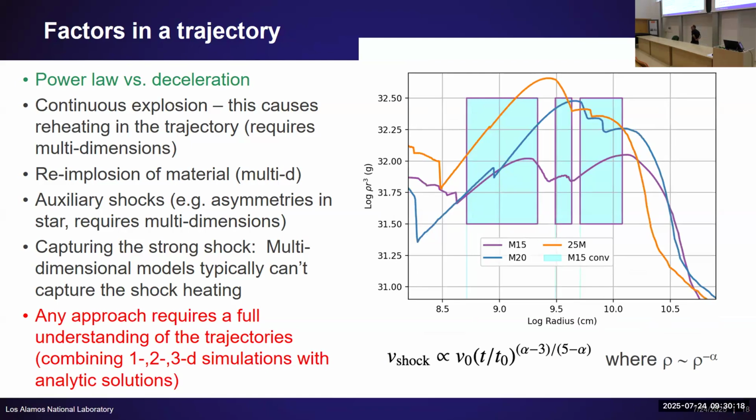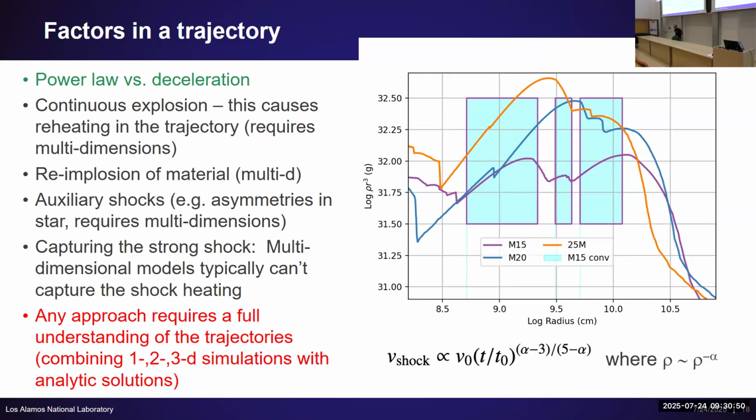And the deceleration, when it decelerates and when it accelerates, depends on understanding the structure of the star. So it's not just what your explosion model is, it's what you are using for the structure of the star. If you've ever studied the Sedov explosion, you know that a shock will decelerate if the density falls off more gradually than r^-3, and it will accelerate if it falls off more rapidly than r^-3.